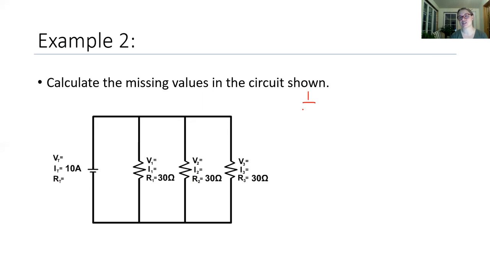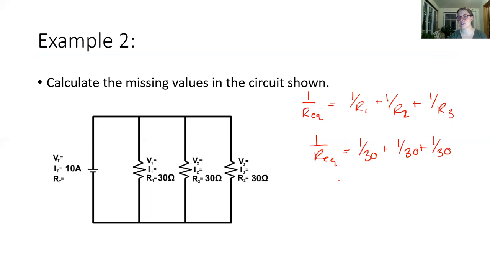So Kirchhoff's law says 1 over Req, or R total, same thing, is equal to 1 over R1 plus 1 over R2 plus 1 over R3. Maybe I should have put this one first. So 1 over the total resistance is going to be equal to 1 over 30 plus 1 over 30 plus 1 over 30.